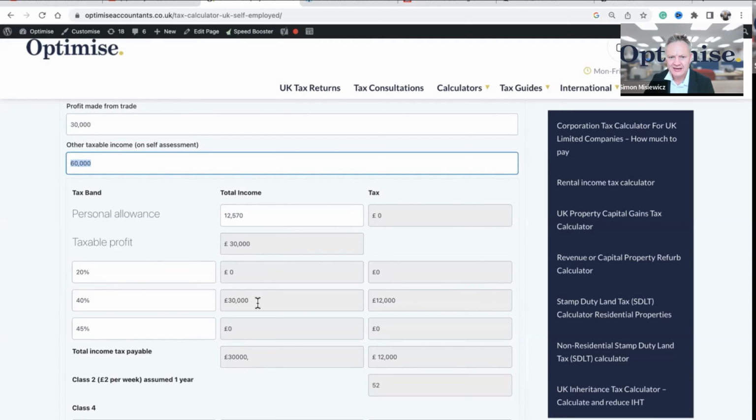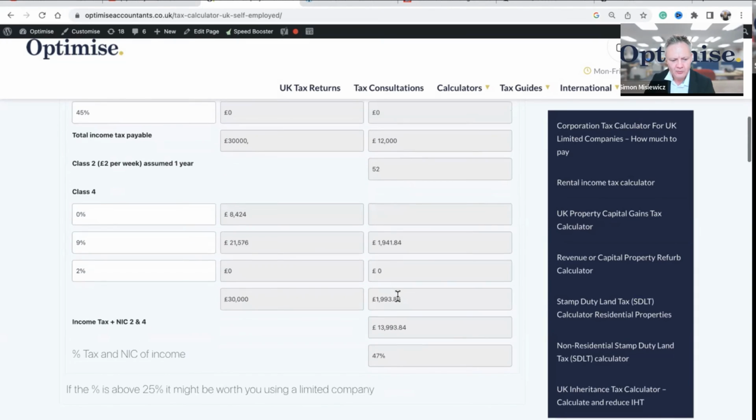Well, everyone is allowed up to circa £50,000 before they hit the higher rate tax band. But this person's got a job of £60,000, so all of that allowance has been used, the basic rate tax band and the personal allowance, for their employment income. So therefore, all of the £30,000 would be subject to the 40% tax band, which is £12,000.